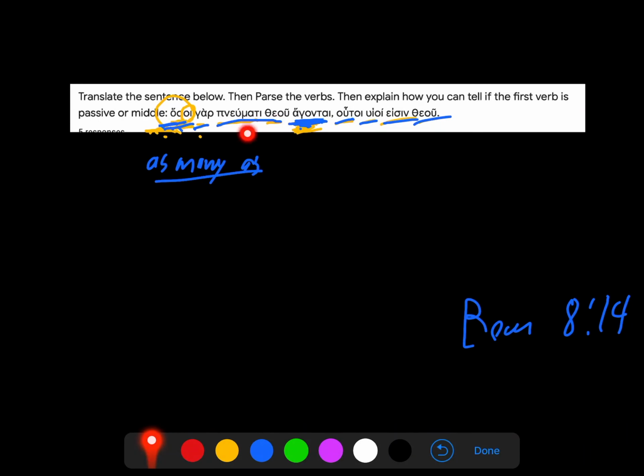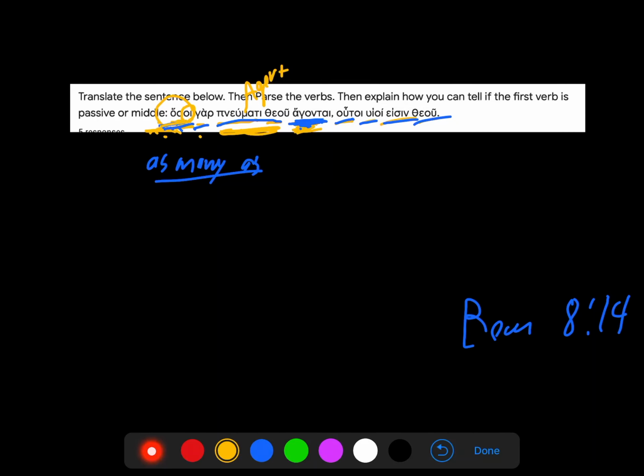Now we have an agent, the Spirit of God. The Spirit of God here is the agent. He is the one, the Spirit, who is actually doing the leading here, right? The Spirit is leading these, as many as.